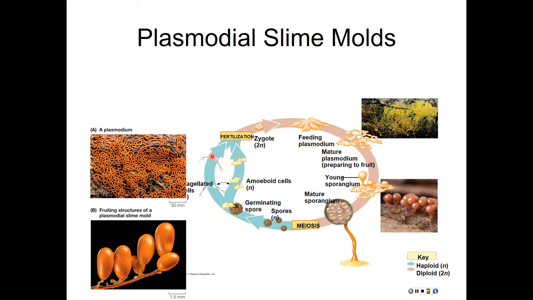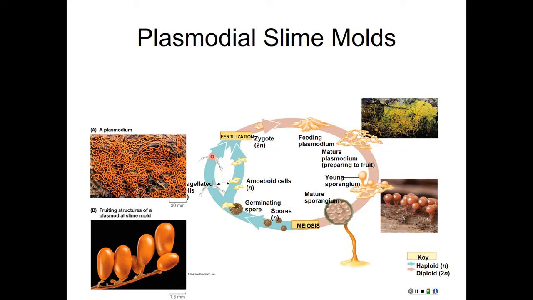So some kind of bright orange or bright yellow or something like that. And they form a mass called a plasmodium. Hence the name plasmodial slime mold.